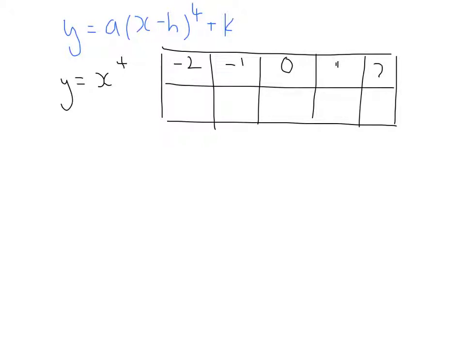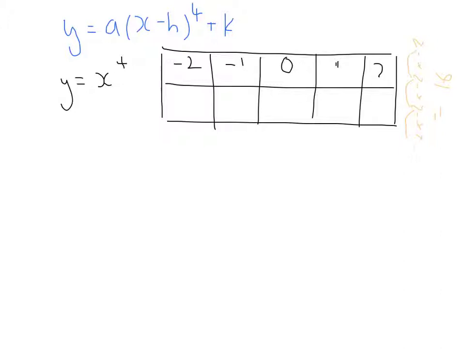So -2 to the power of 4 is -2 by -2 by -2 by -2, which equals 2 2s are 4, 2 4s are 8, 2 8s are 16, and a negative times a negative is a positive, times another negative is a negative, times another negative is a positive.